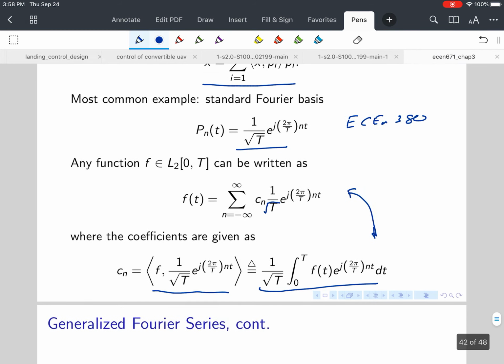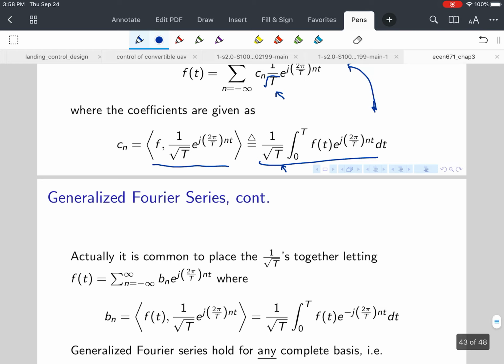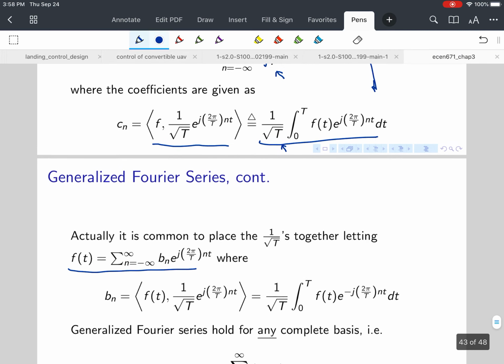Now, the way they're written in 380, notice there's a 1 over square root of T here, and there's a 1 over square root of T here. Normally, you put the 1 over square root of T's together, and so you let f of t be some linear combination of our basis vectors, which are complex exponentials.